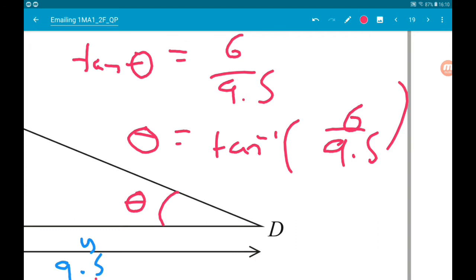So to one decimal place we get 32.3 degrees.